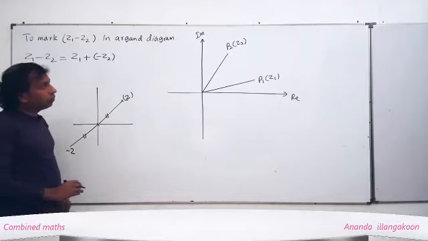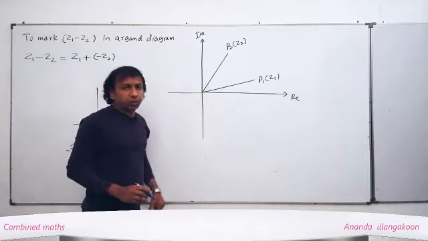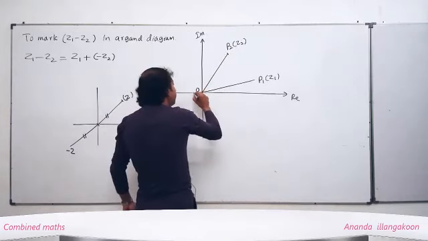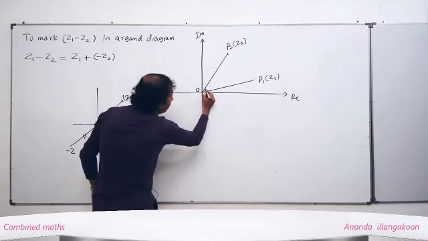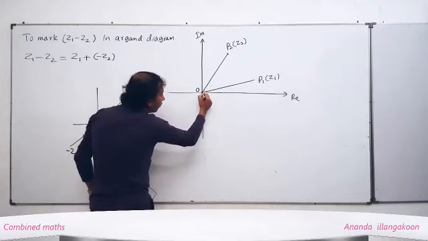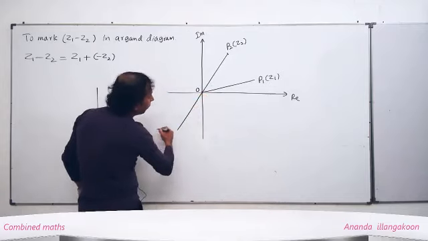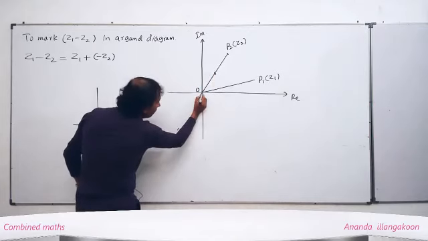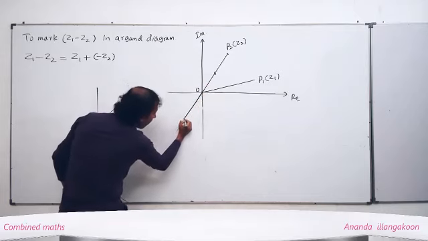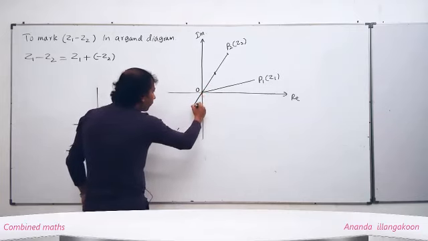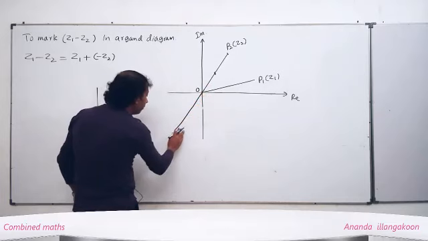Then here also, in order to get minus Z2, what I need to do, people, is that the line segment is OP2, I have to draw starting from this O in the opposite direction like this. See, right? This and this being equal. Then at the end point of that, we have, people, this way, the minus Z2 complex number.